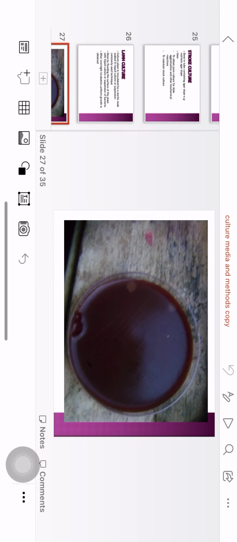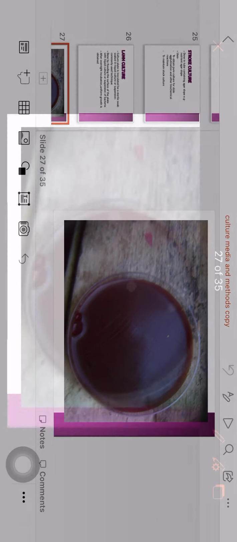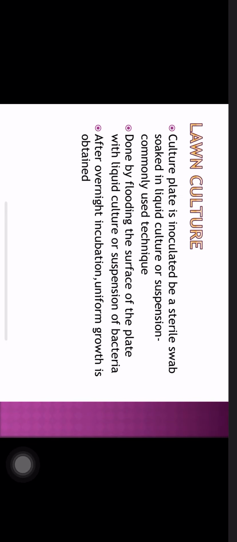Here you can see the petri dish, a lawn culture is done. And for preparing a lawn culture, there are two methods. One method is that the medium is flooded.